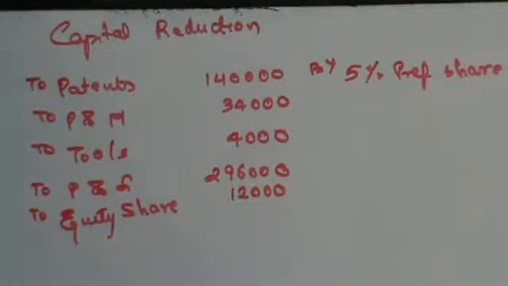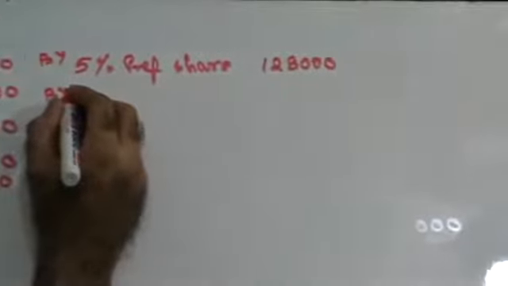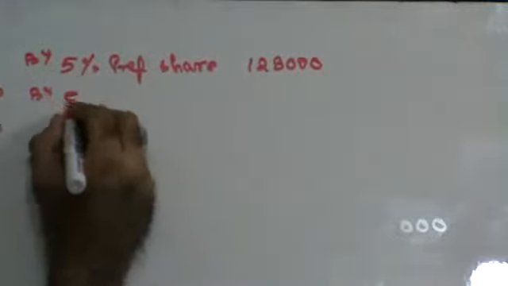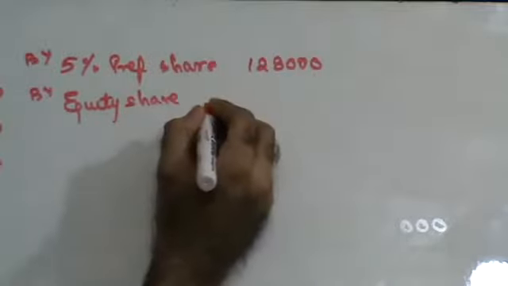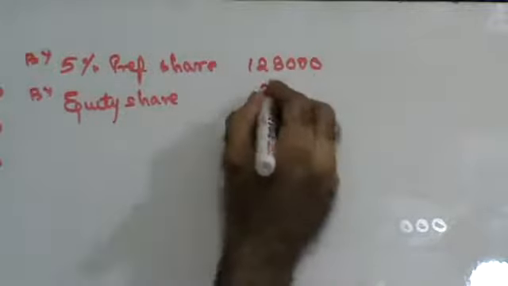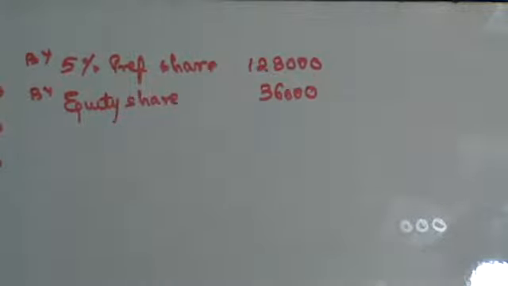Then you have capital reduction on the credit side by equity share capital, that is 36,000. Now they are saying that any difference that comes in the capital reduction account is to be utilized to write off experimental research.